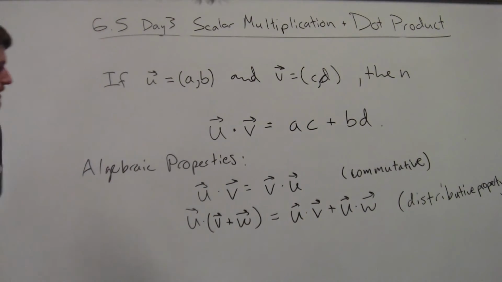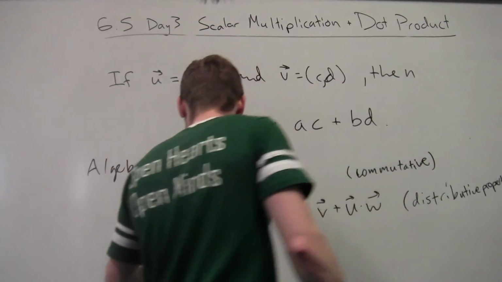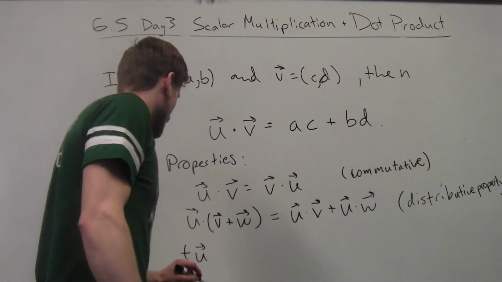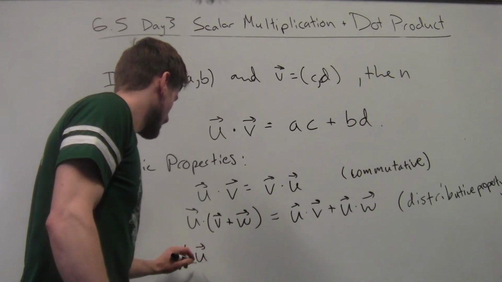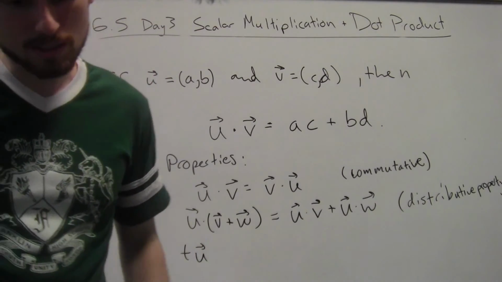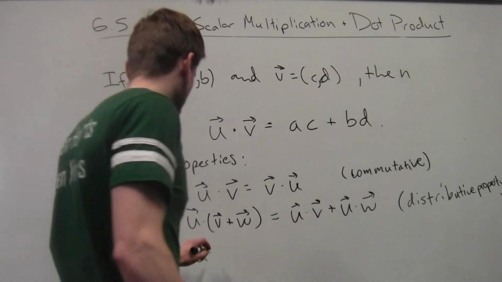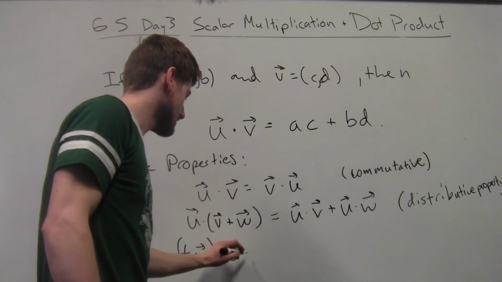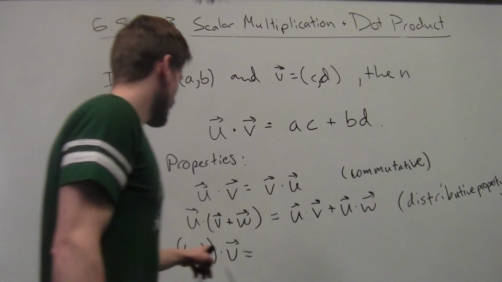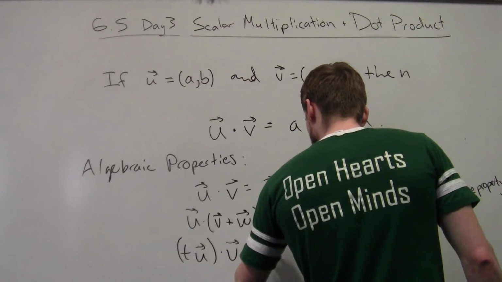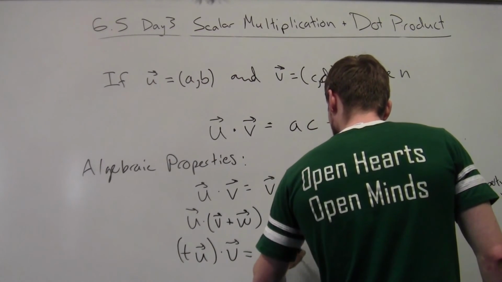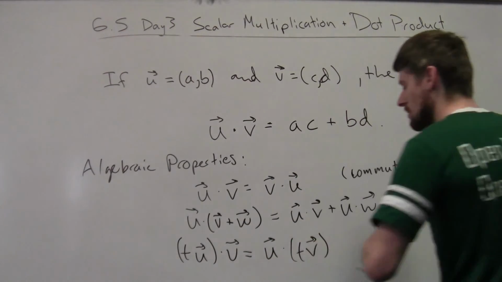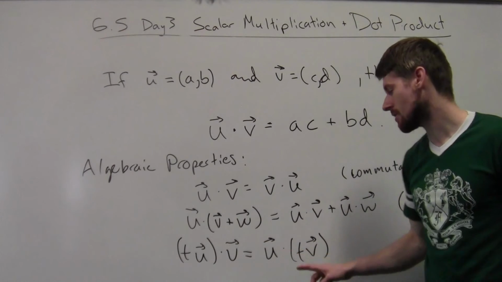Okay, what's the next property? Say you have some scalar multiple on a vector, and you dot it with another vector. Then this is the same as u dot t times v. So you can just kind of move this scalar around.